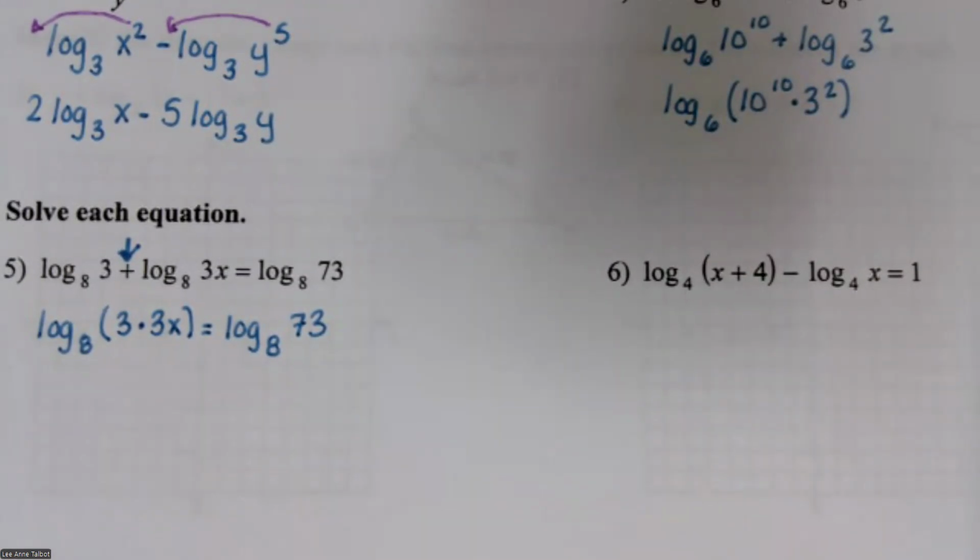And then after I condense, I ask myself, is this a situation where I need to do the loop-de-loop, or is it a situation where I can cross out the logs? What's this one? Loop-de-loop or cross out? Cross out. Okay.